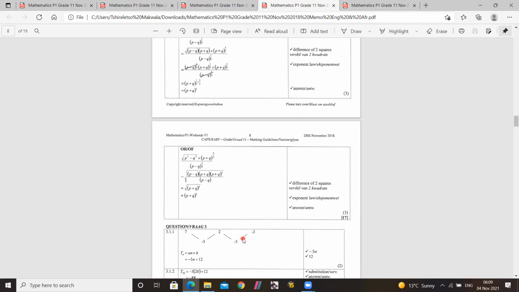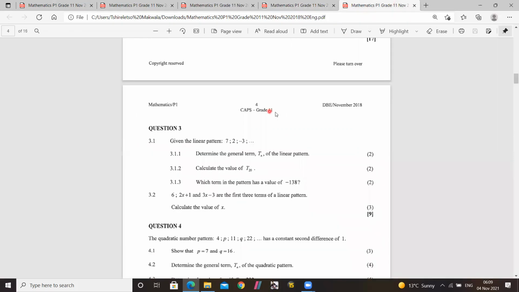Then you find the common difference, which is -5. From 7 to 2 is -5, then from 2 to -3 is -5. So that's the common difference.